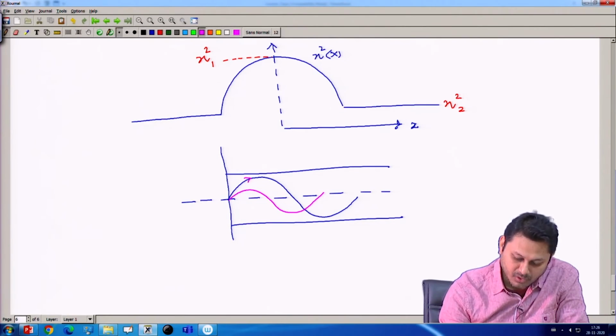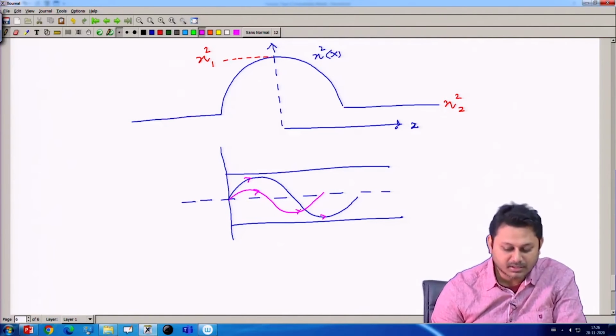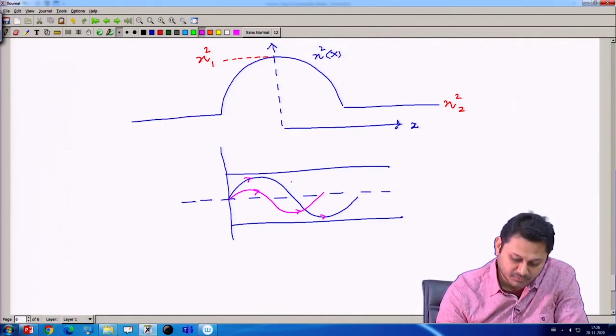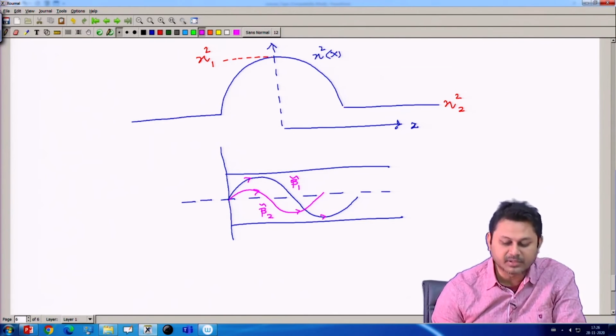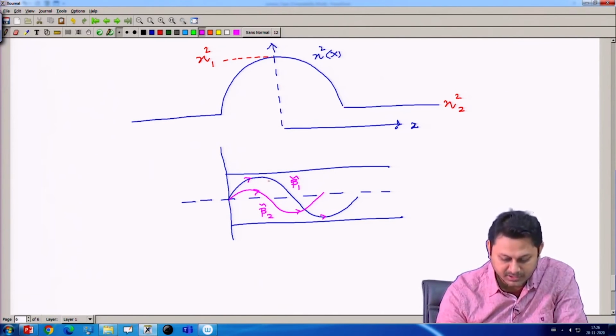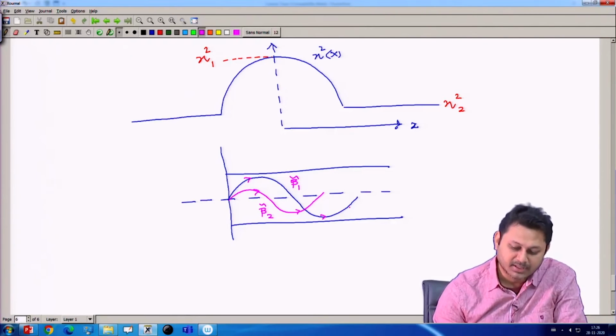For all the paths I have beta tilde constant. Here I have say one constant beta tilde 1, here I have another constant beta tilde 2, because for different paths I have different beta tilde, but that beta tilde should be constant throughout the path.